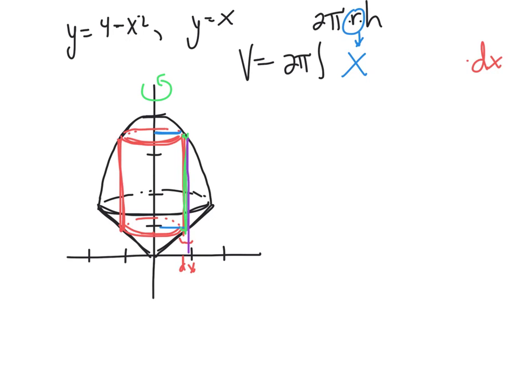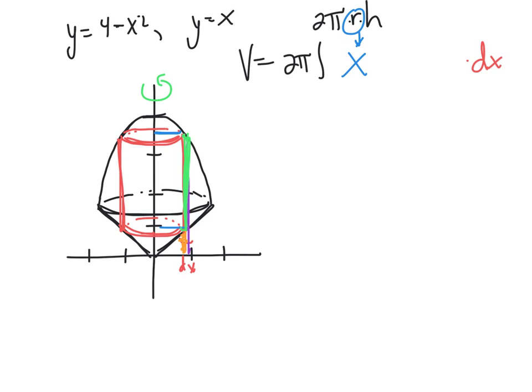So I'm taking that, but to get the height of my cylinder, which is just this green part, I'm having to subtract something off of it. What I'm subtracting is the y value of my other curve, my line.